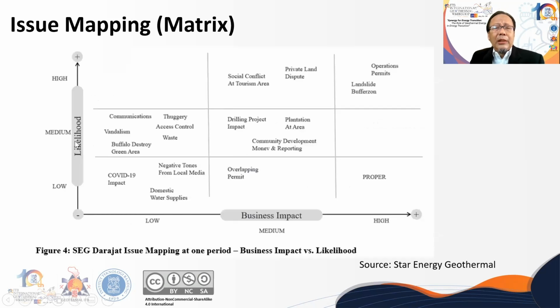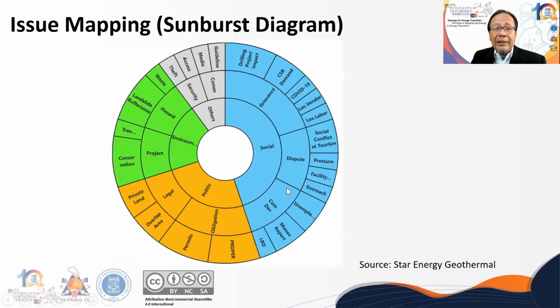So we also have to map the issues based on the impact and the likelihood, because we need to prioritize which issue has to be prioritized first. Like here, operation permit and landslide are the top priority issues to be resolved, rather than domestic water supplies, which is low impact and low likelihood.